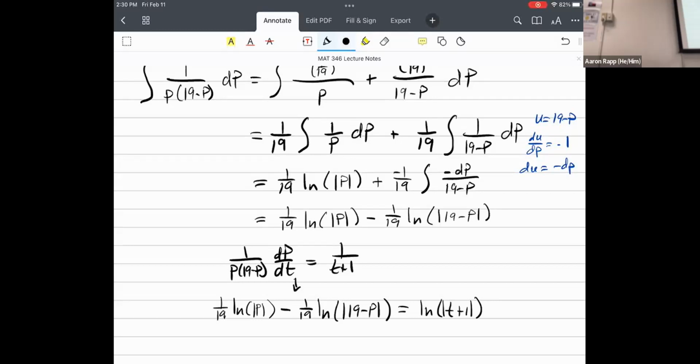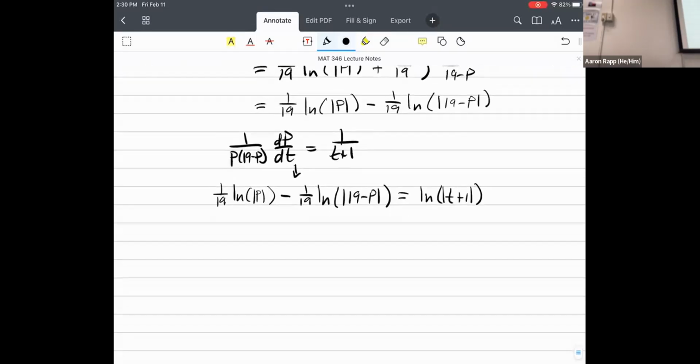E. But I got to be careful when I do that. Because if I raise everything on the left-hand side to an E, that means I have to raise that difference to the E. So I won't have just E to just the natural log of a function and then be able to cancel them out. I have to do a little bit more work with that left-hand side. The right-hand side, E and natural log will cancel each other out.